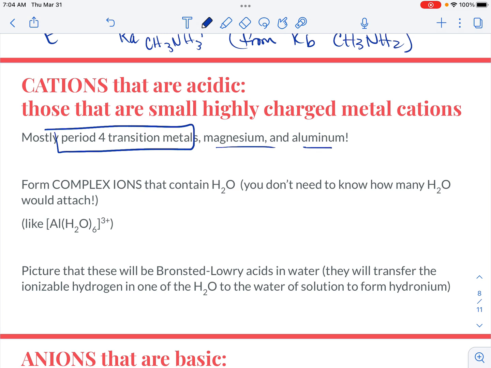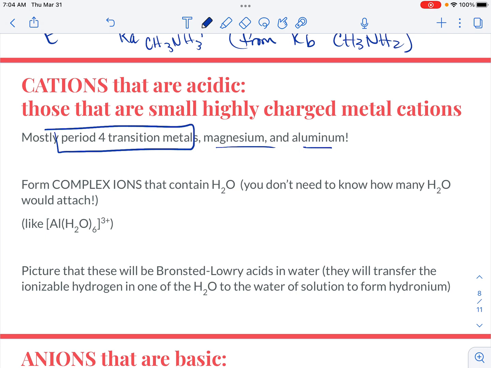And then magnesium and aluminum, because magnesium is not the cation of a strong base. Remember that magnesium hydroxide is considered to be relatively insoluble, and aluminum is also pretty small. It's actually the smallest of all those metal cations in that category, that they're not group 1.